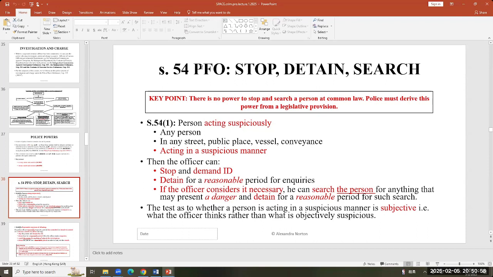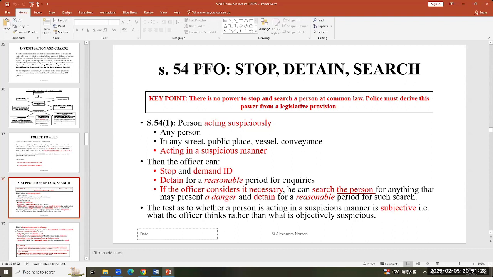Under section 54, subsection 1, if the person is acting suspiciously in any street, public place, vessel, or conveyance, then the police officer can stop them, demand ID, detain them for a reasonable period for questioning, and if necessary, search the person for anything that may present a danger.